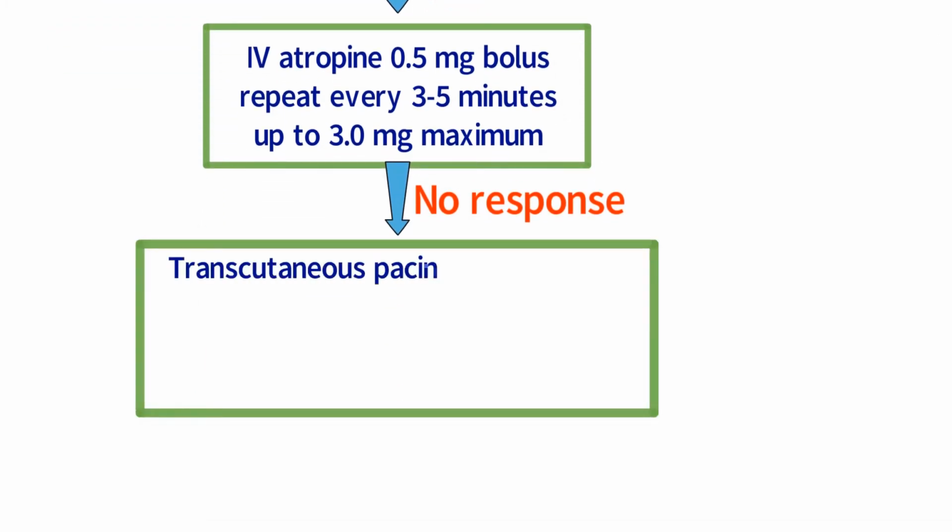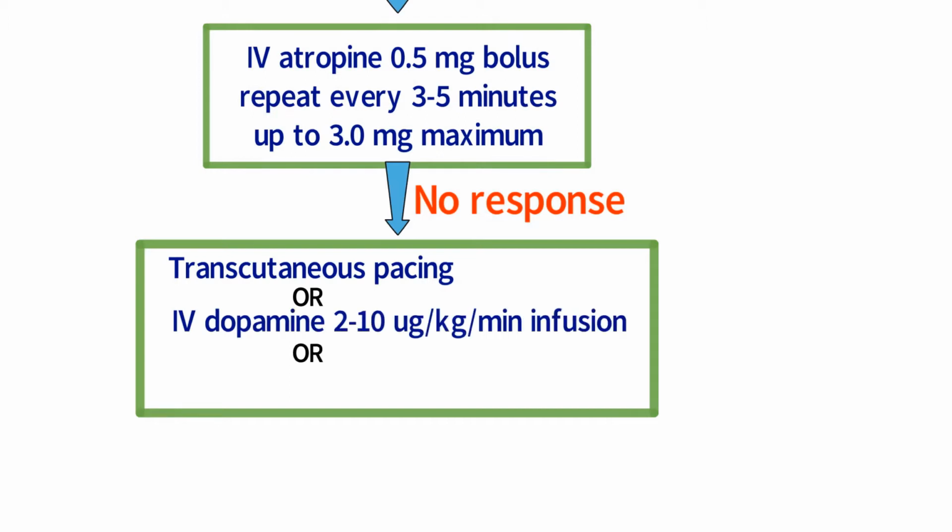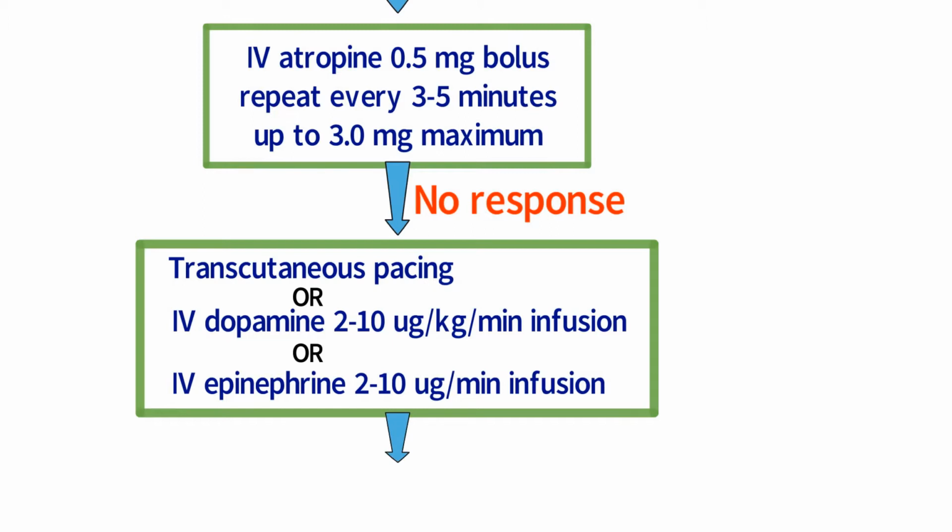You can either do transcutaneous pacing, which is a pacemaker under the skin, or you can give the patient IV dopamine, or you can give the patient IV epinephrine. And the dopamine and the epinephrine will be given through infusion. It is not a bolus like the atropine.